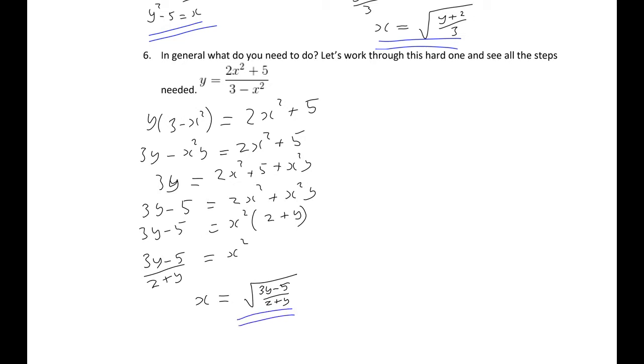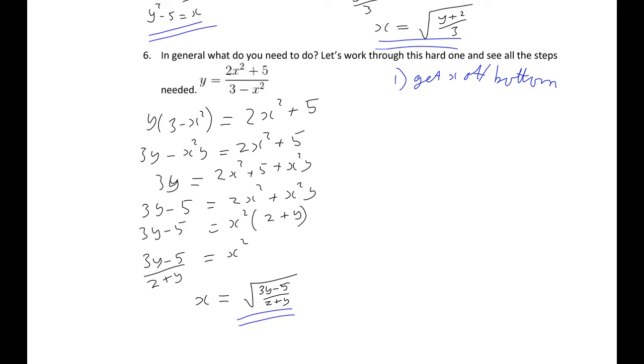That's all we've got to do, these sort of things. So start off by getting the x's off the bottom. If you're trying to get x equals, we don't want any x's on the bottom of our fractions.